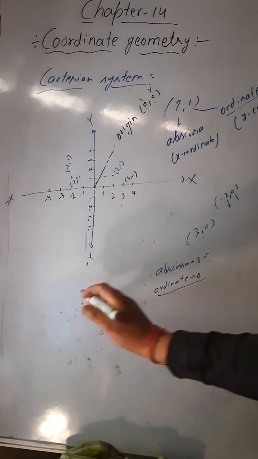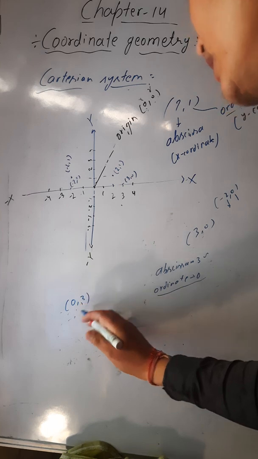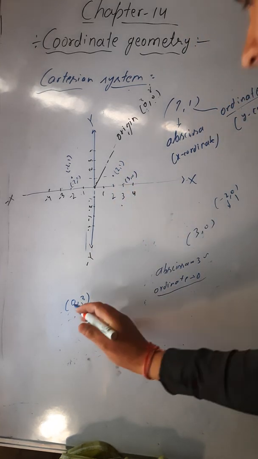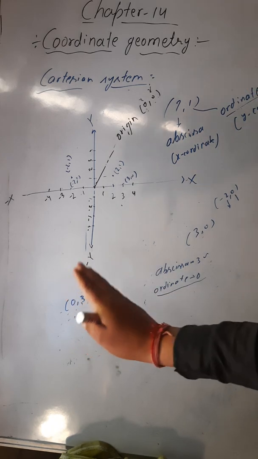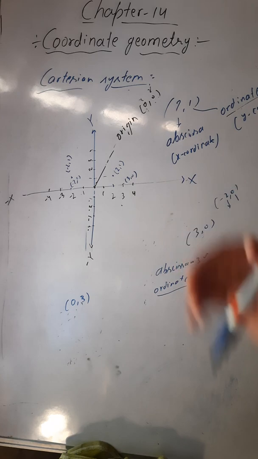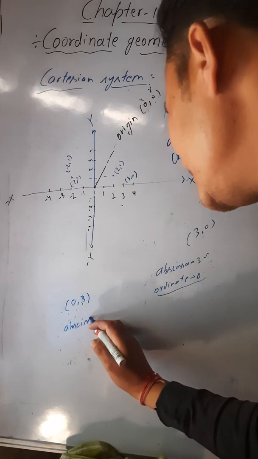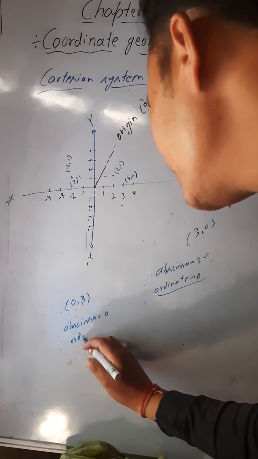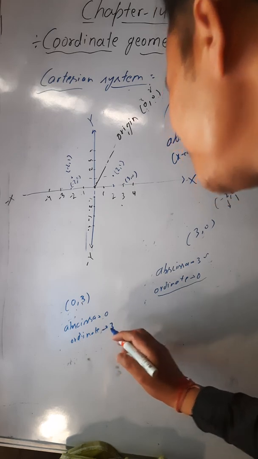Now some other points I am going to give you. Now you have to locate 0, 3. Just tell me, how will you locate this point? What is the abscissa here? The abscissa is 0 here, and the ordinate is 3 here.